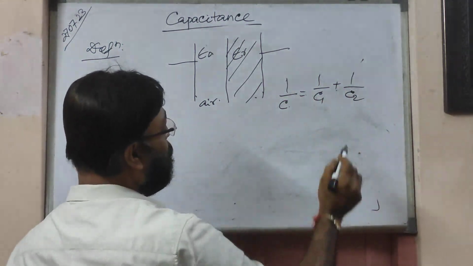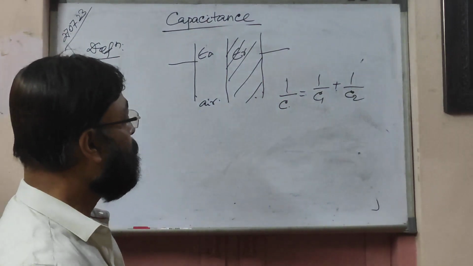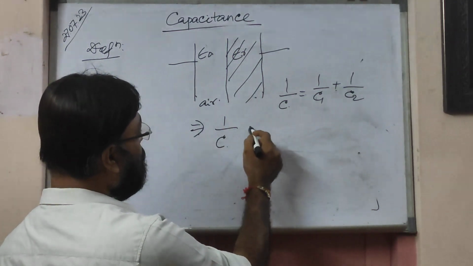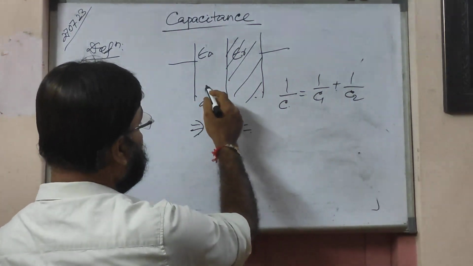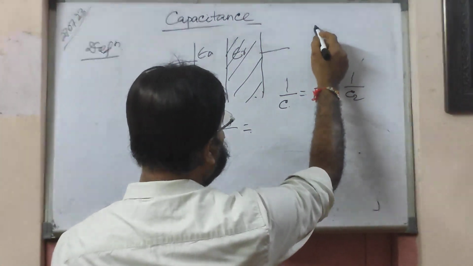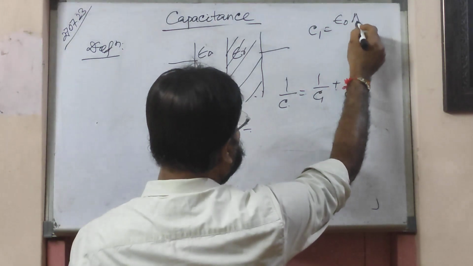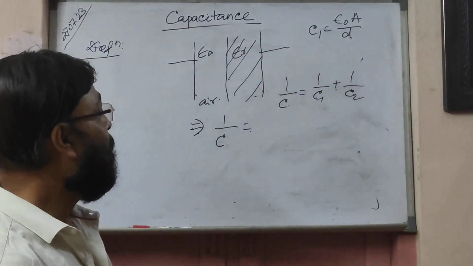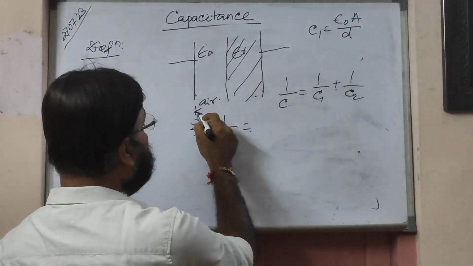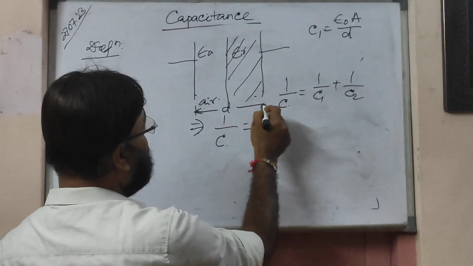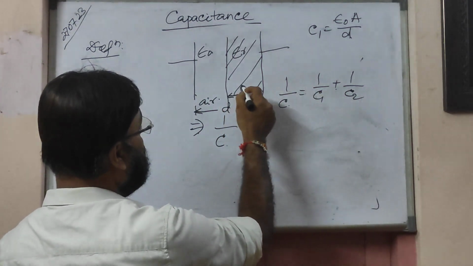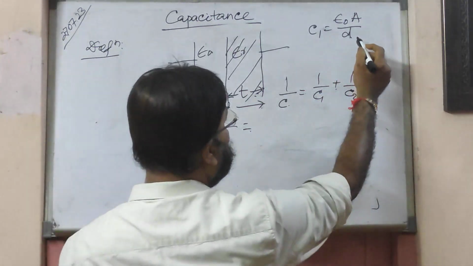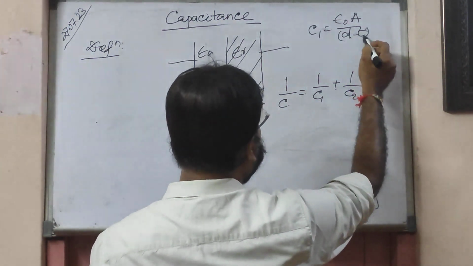Here for air, C1 is equal to epsilon 0 into A divided by the distance, if the area of the plates is A. Suppose the total distance is D and this thickness is T. So for air the distance is D minus T.